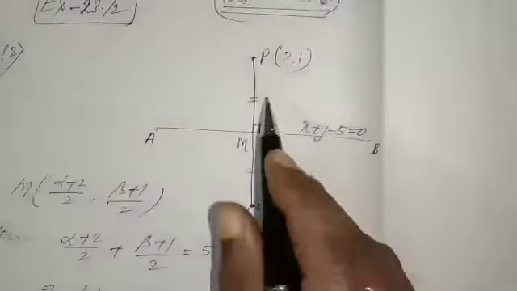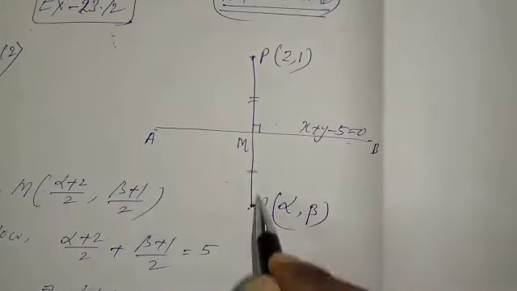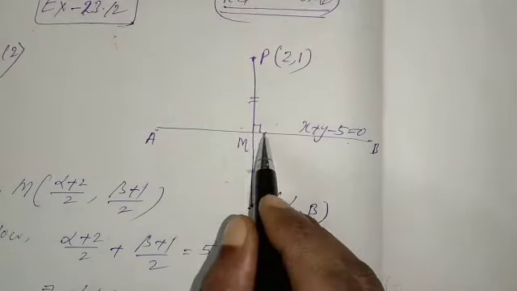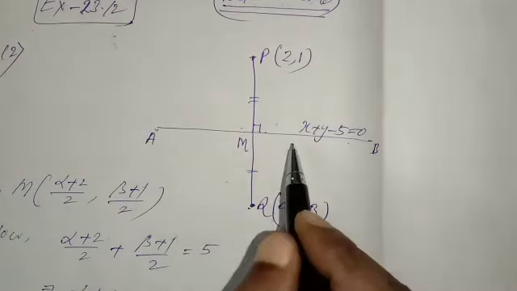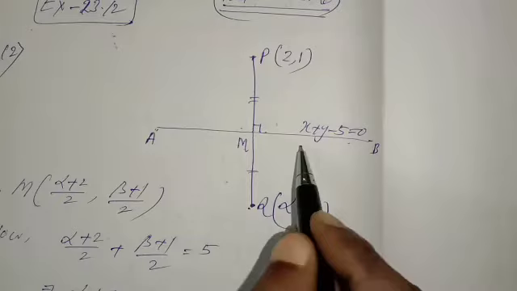Next we see, as the lines AB and PQ are perpendicular to each other, we can find the slope of AB. How will we find the slope of AB?